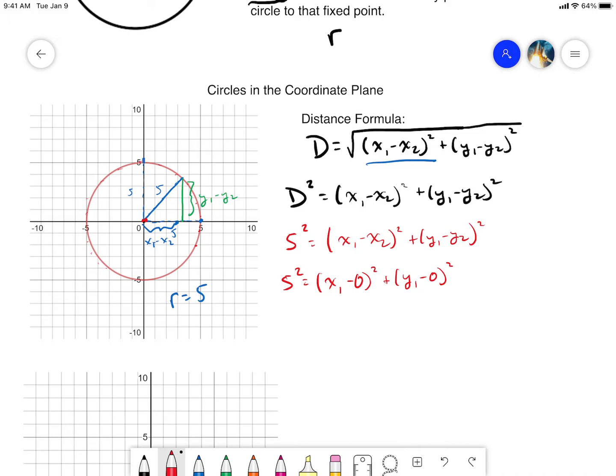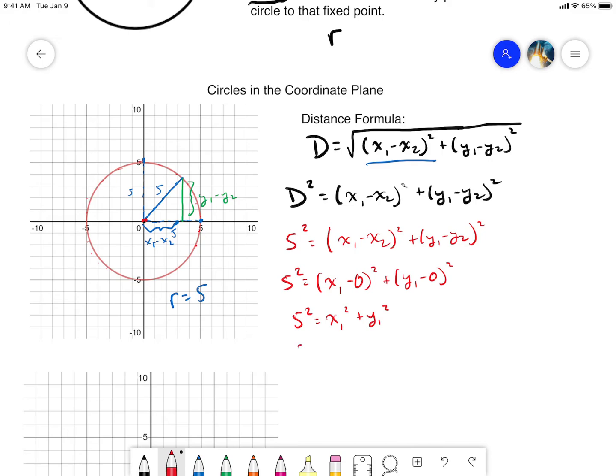And that'll be true for any point that's on the circle because we're taking the distance from the point on that circle to the point 0, 0. So we can simplify this to 5 squared is equal to x1 squared plus y1 squared.